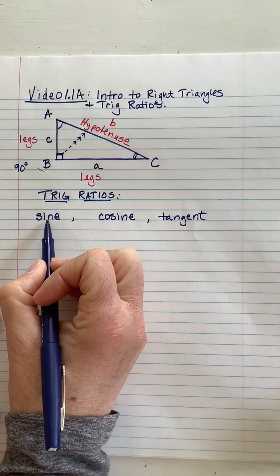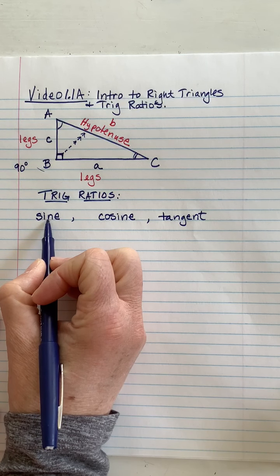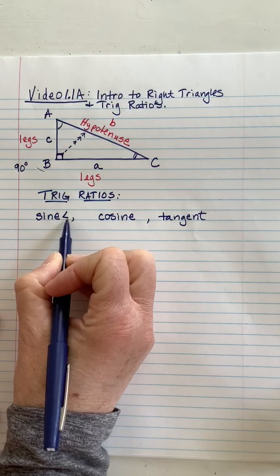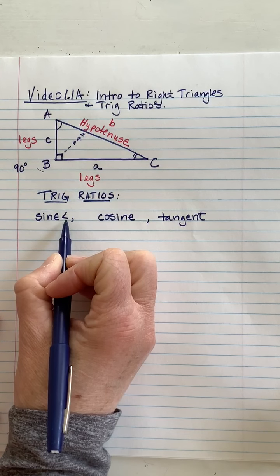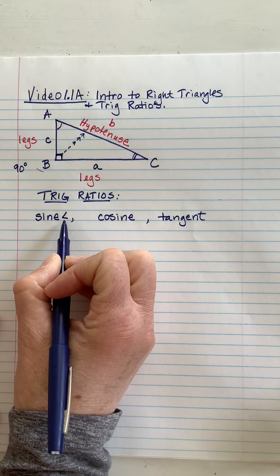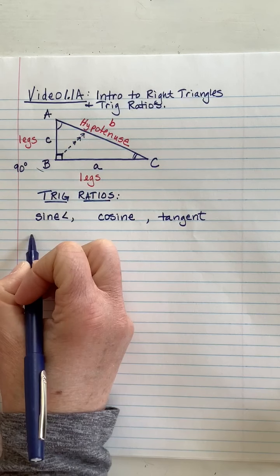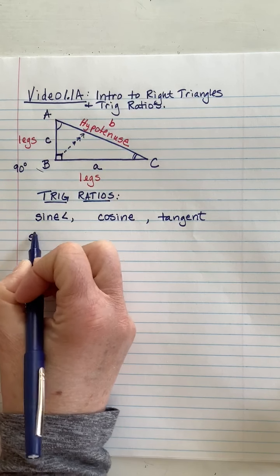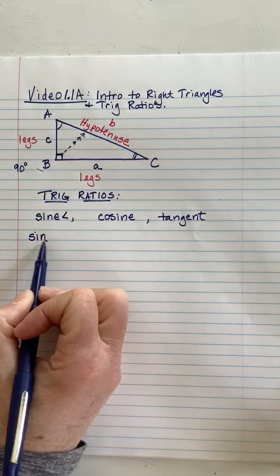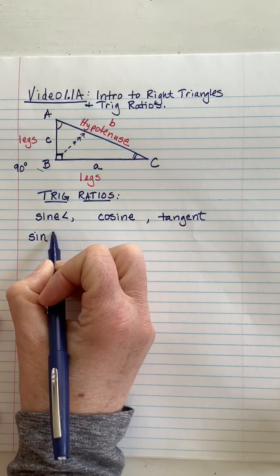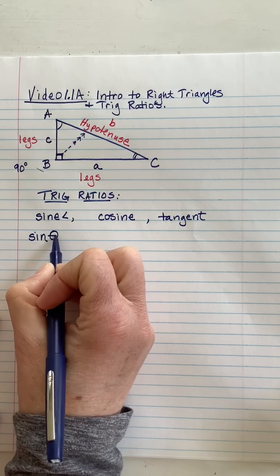When we're talking about the sine of an angle, we need two sides that are going to create the sine of an angle. So for sine of an angle, we abbreviate it like that. I'm going to pick something random like theta.